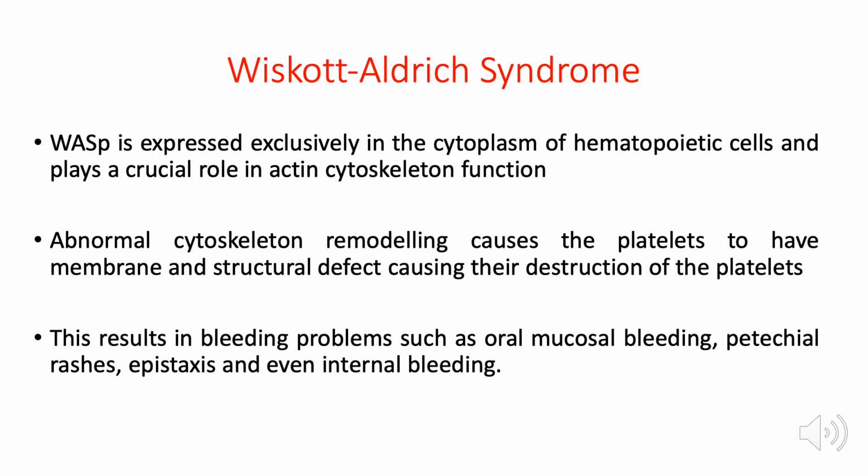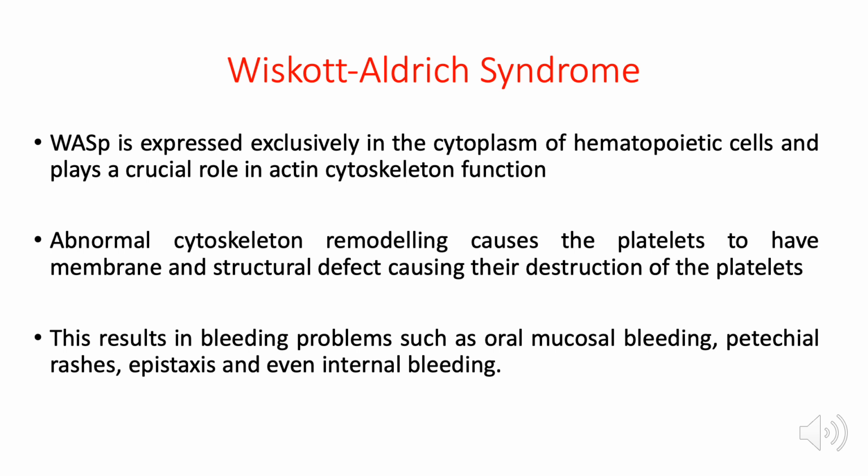The cytoskeleton of the cell has something to do with its shape. In the case of platelets, since there is the absence of Wiskott-Aldrich protein, which is important for the assembly of the cytoskeleton, these platelets will have problems with maintaining their normal shape. Thus, these platelets will be sequestered and trapped in the spleen, leading to their destruction.